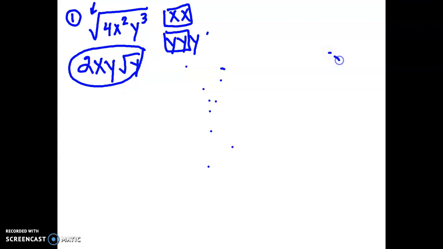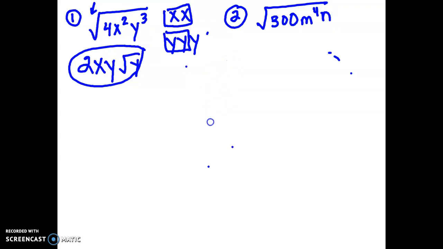Okay, number 2, let's write down number 2, and number 2 is a little more difficult. We've got 300 m to the 4th n. Now the number 300, the coefficient, we want to put that in simplest radical form. What we did before break was break the number 300 into a series of prime numbers by coming up with factors.